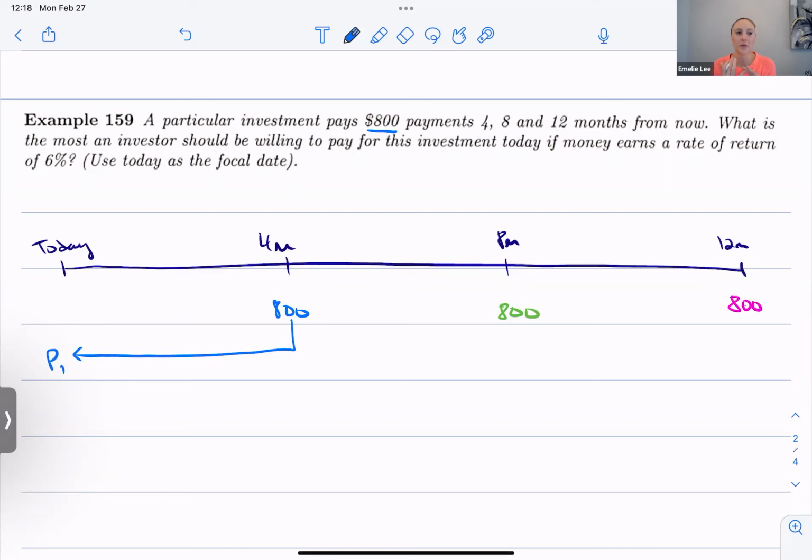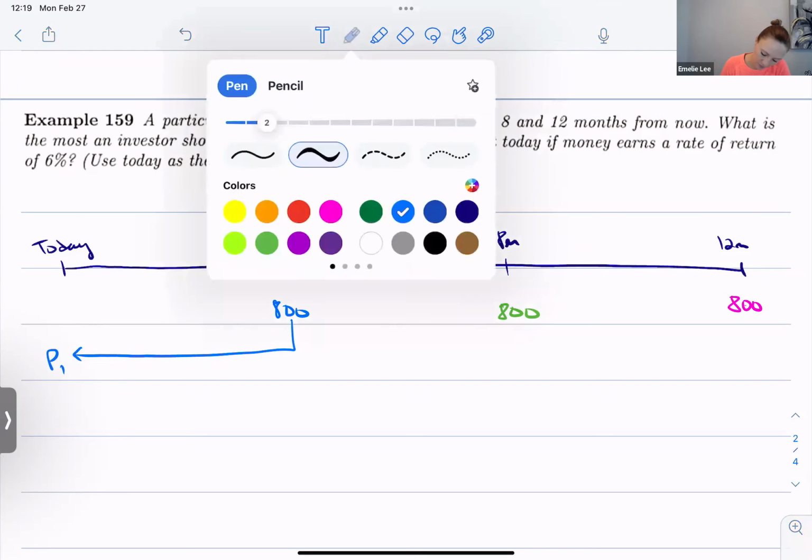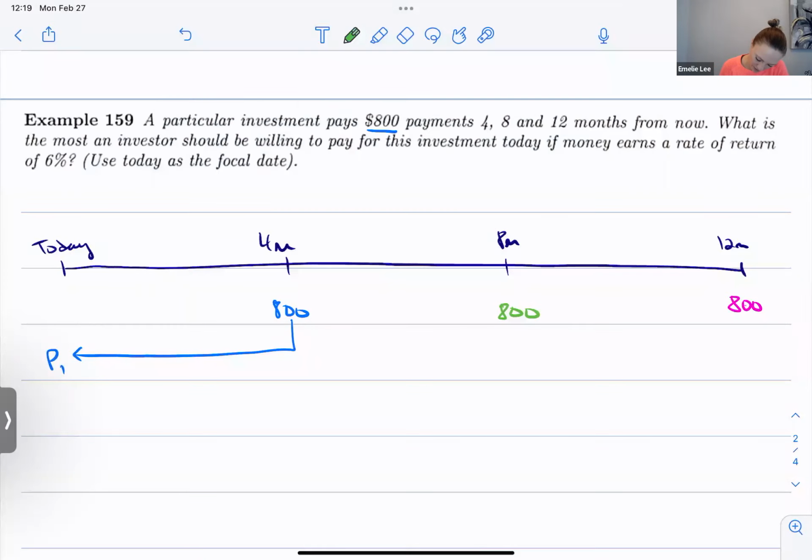And remember, I use subscripts to denote just the order of my calculations. It's not so important here because it is just going to be a series of present values, but later on it'll denote the order of my calculations. But now it's just to keep them separate, right?